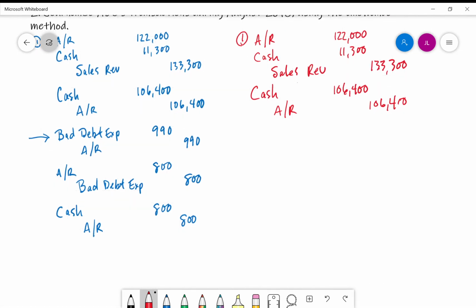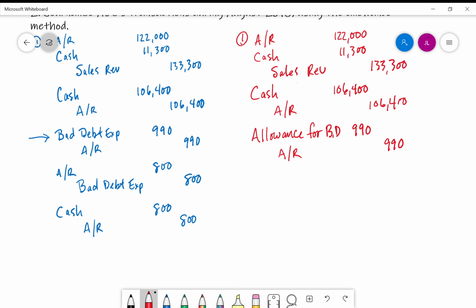In this case, we're going to debit our allowance for bad debt, or for doubtful accounts, for the amount, the $990. And then we have to credit accounts receivable for the $990. So it's very similar to what we do in the direct write-off, except instead of writing it directly to bad debt expense, we write it to the allowance for bad debt.